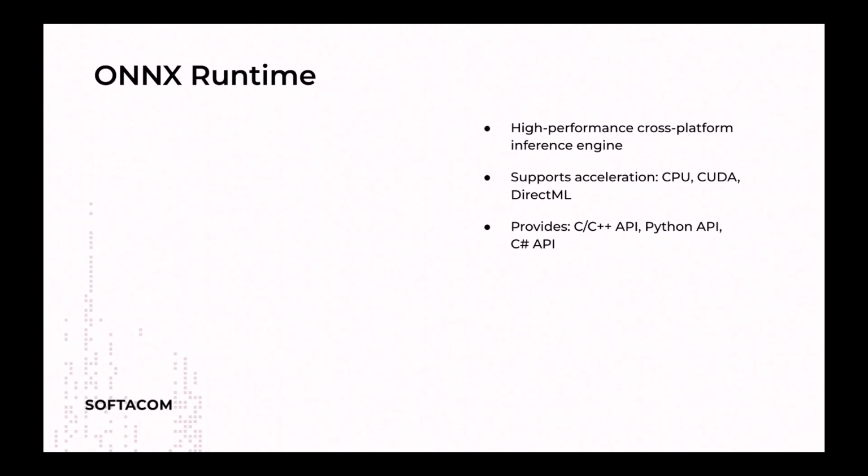We use it because it runs models quickly. It works with models created in different frameworks, like PyTorch or TensorFlow. It's actively supported and used in production by many companies. And other tools that we are going to use are Python4Delphi (P4D), a library that lets Delphi run Python code directly inside the application.